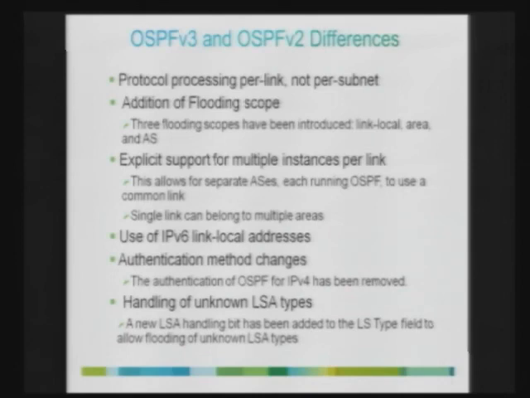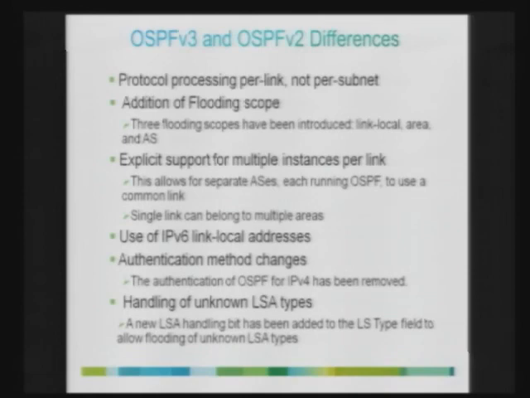So because of these things, the processing of OSPF in v3 is done on a per link basis and not on per subnet. A new flooding scope has been added, which is for the local link, called link local specific flooding, in addition to the area level and the autonomous system level flooding scopes.